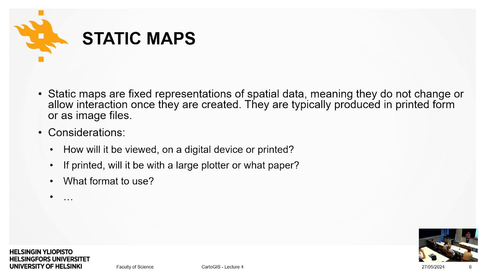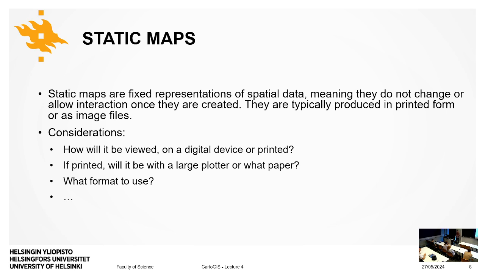So what are static maps? I guess we all know they are fixed representations of geospatial data, meaning they do not change or allow interaction once they are created. They are typically produced in printed form or image files. A number of considerations when it comes to static maps. One thing is to know how it will be viewed.